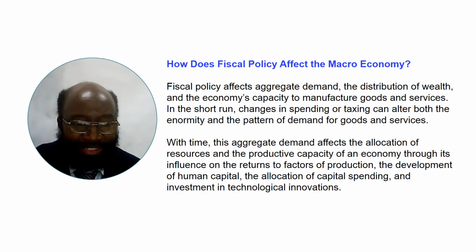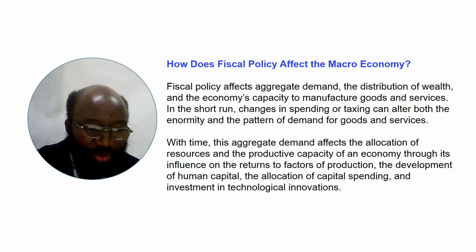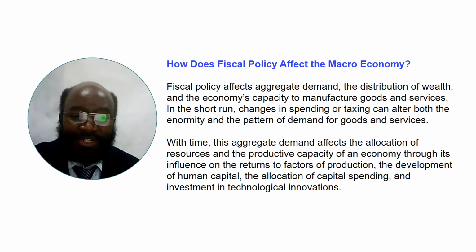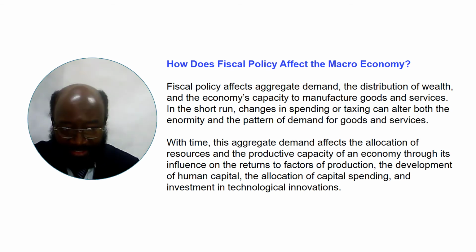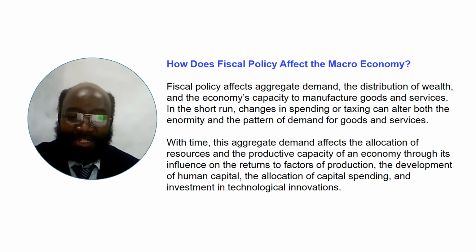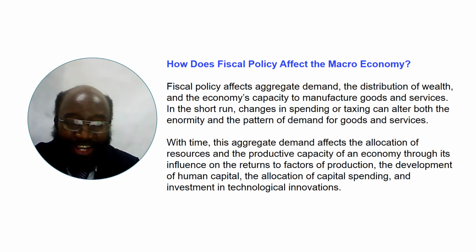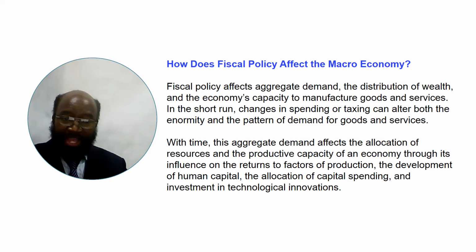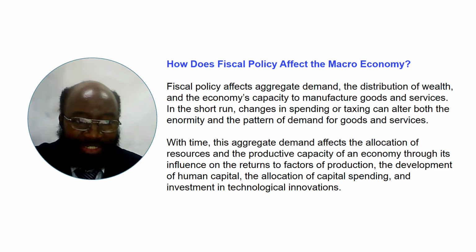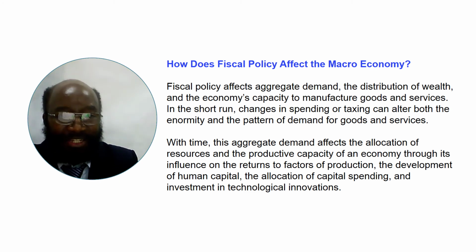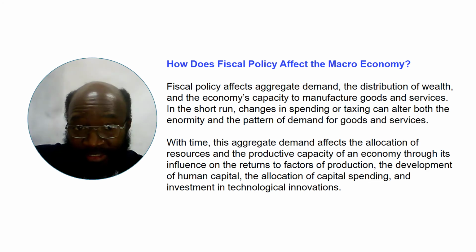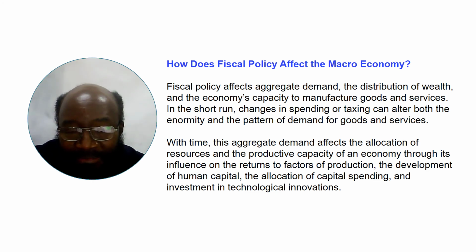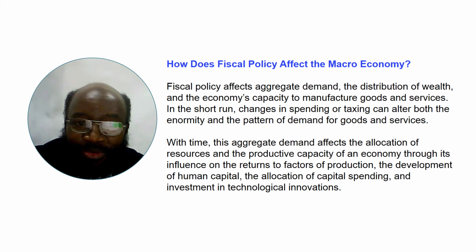That is correct. And with time, fiscal policy, by directly affecting aggregate demand, affects the allocation of resources and the producing capacity of any country around the world. That is correct. We can say we have a direct link between fiscal policy and the macroeconomic system in the country. That's correct.